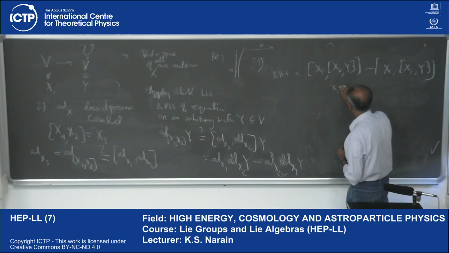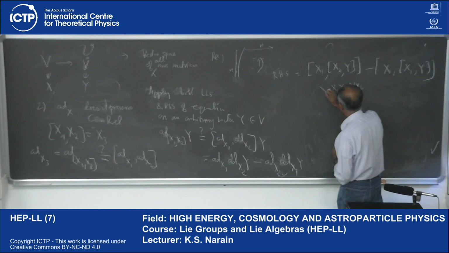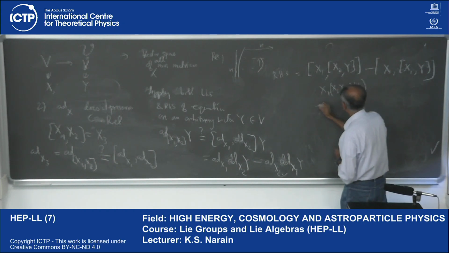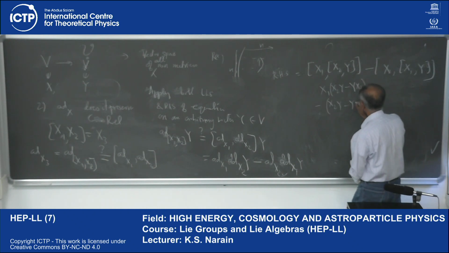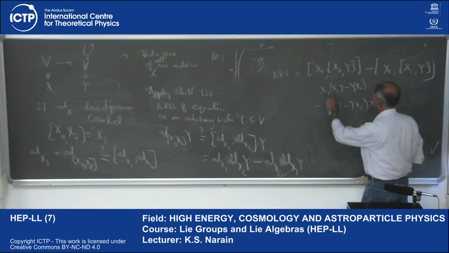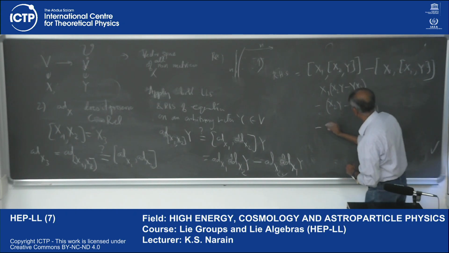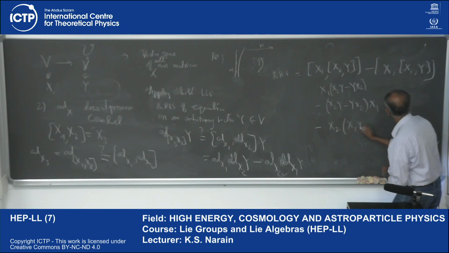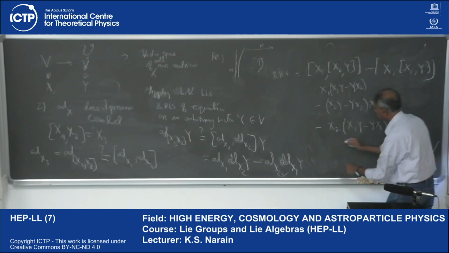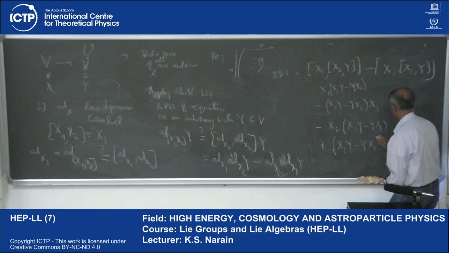So let's try to expand it a bit. This [x2, y] is x2 y minus y x2. Then I have to take the commutator of that, so it's x1 times this, minus the other way around: minus (x2 y minus y x2) x1. That's the first term. And then the second term will be minus [x2, x1 y minus y x1], and then minus plus, so plus (x1 y minus y x1) x2.